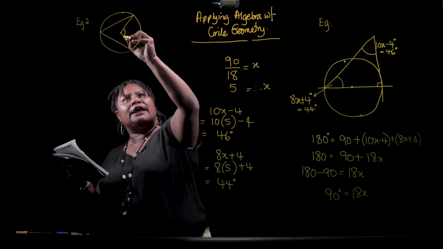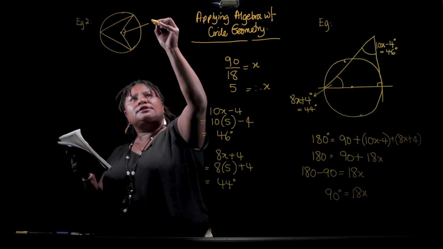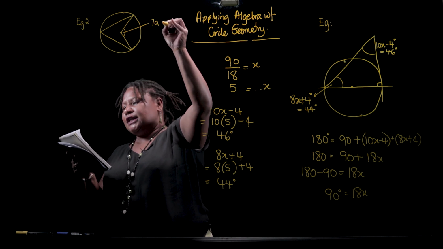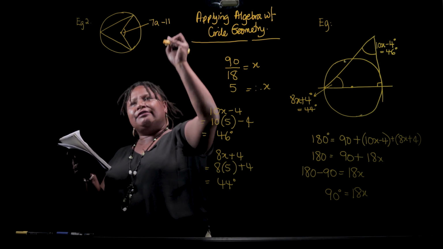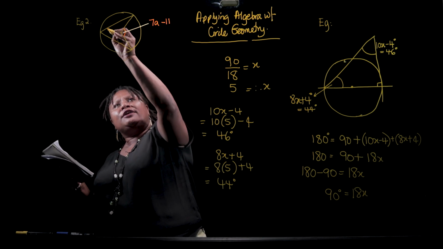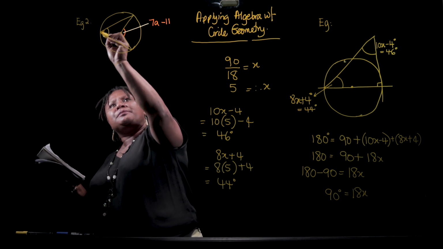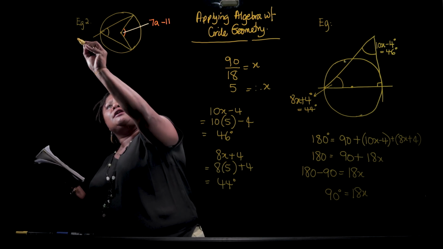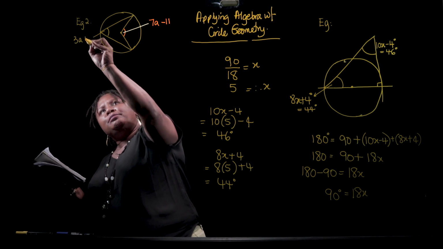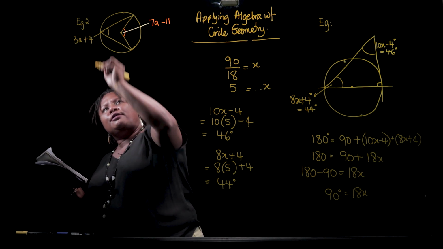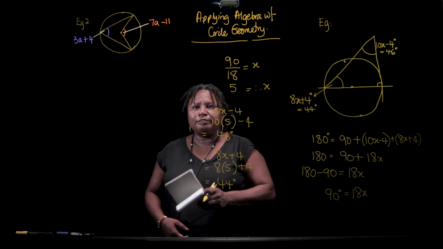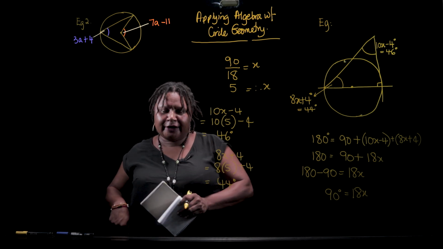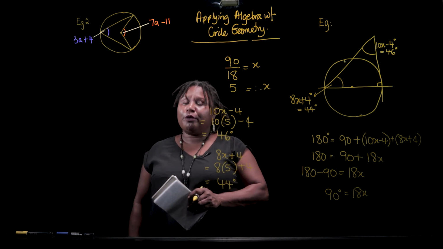So the angle here is equal to 7a minus 11, and the angle at the circumference is 3a plus 4.